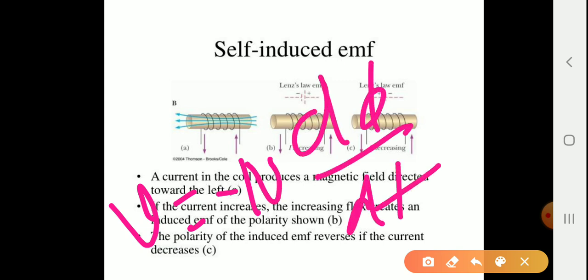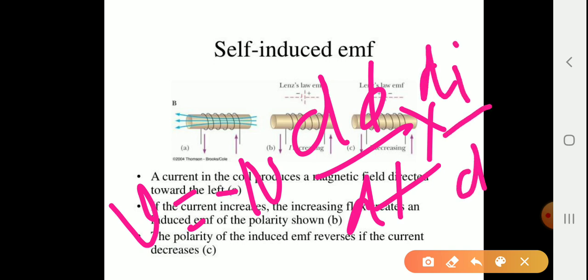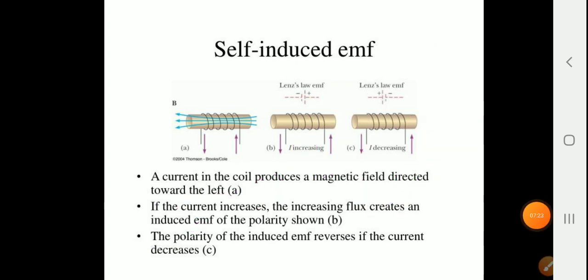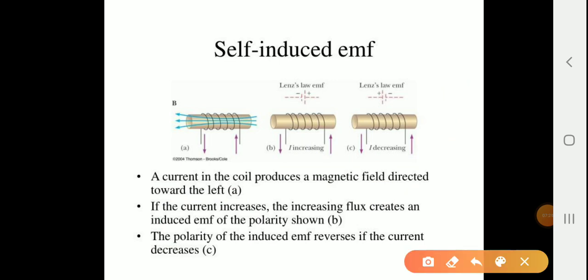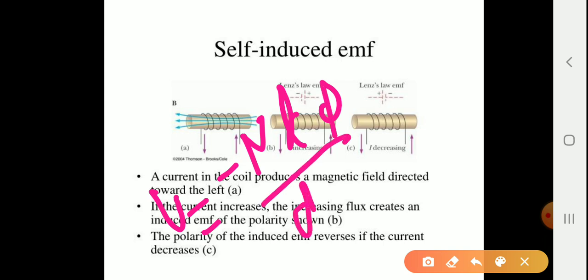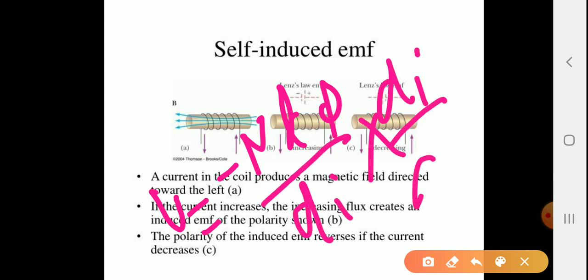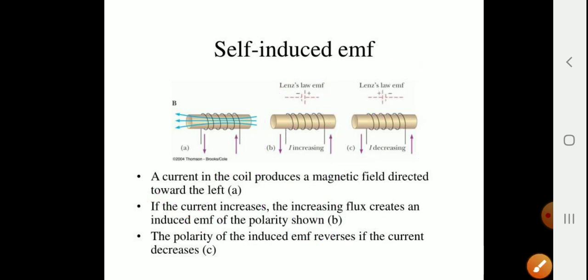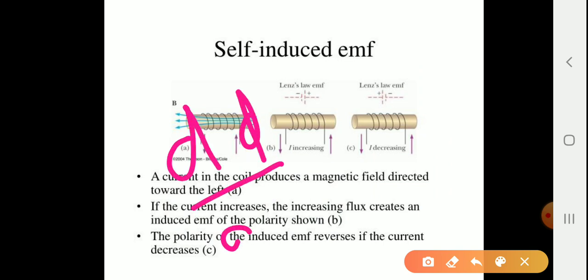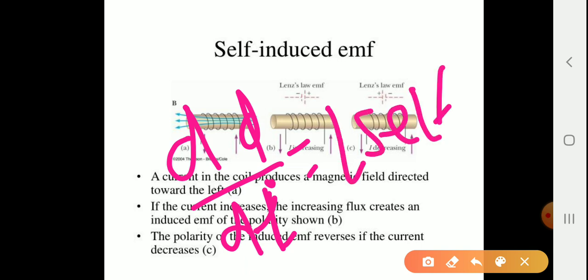In terms of current, V equals minus k N d phi over di into di over dt. Here d phi over di equals L, and this is the self inductance.